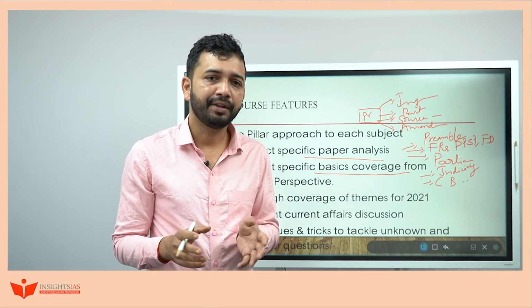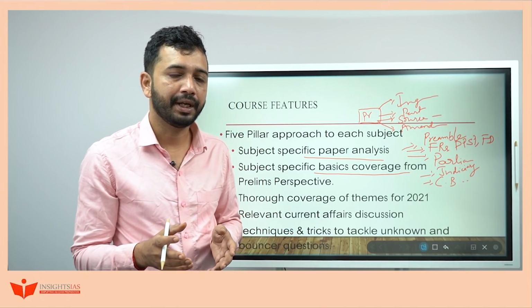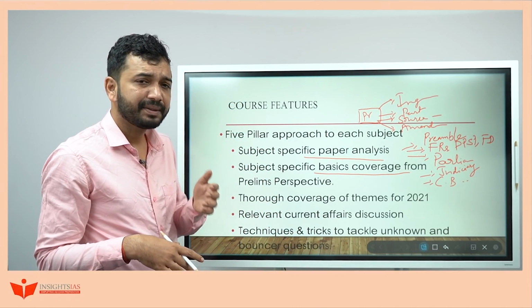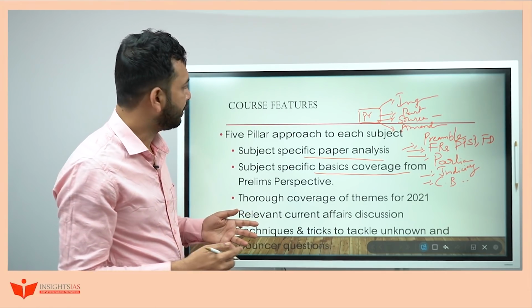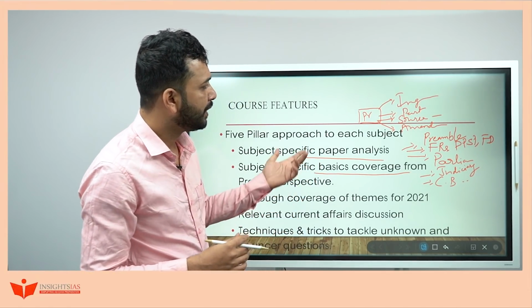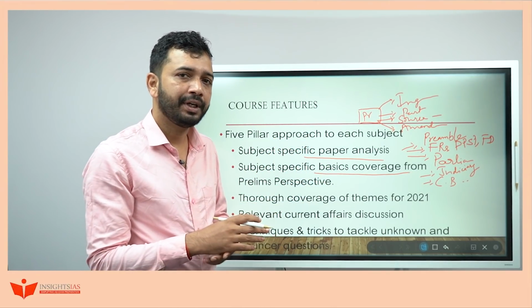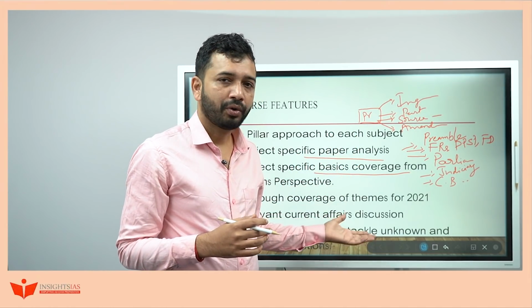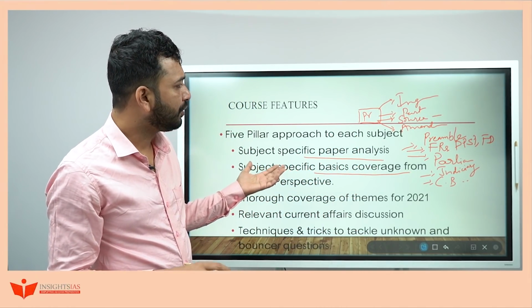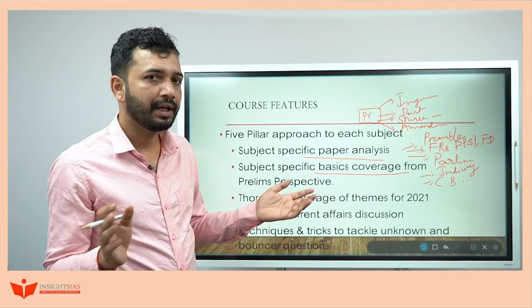And if there are some themes which have not appeared in previous years, but let's assume they are in the news for some reason, for example union territories, states and union territory, union and its territory. You can hardly find a question from that topic in the last 10 years.